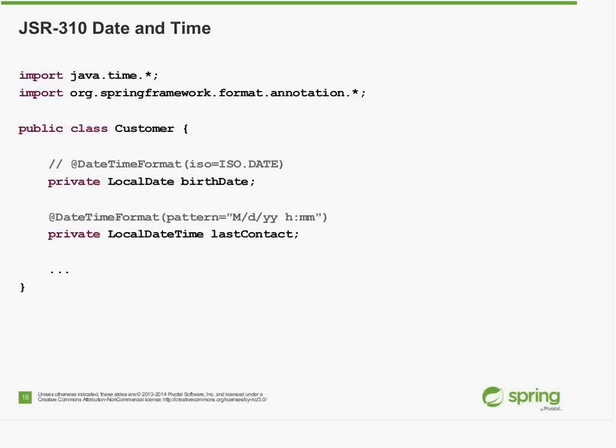If it's a LocalTime, it uses ISO time by default. LocalDateTime, it uses ISO date time. So it can actually make some educated guessing, some reasonable defaulting based on the value types, based on the actual field types, which basically allows you to drop some of the additional annotations.